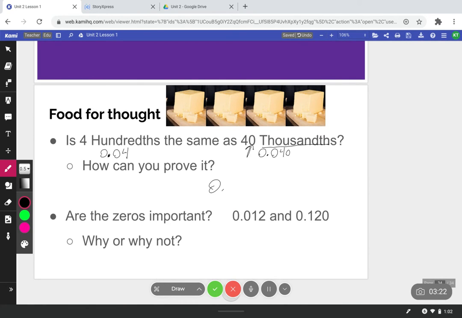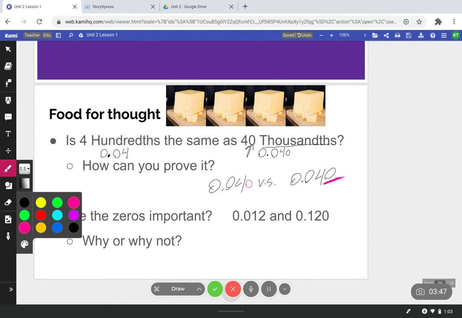So we are comparing this number versus this number. What is different about these two numbers? That 0 right there. Well, fun fact. There is a 0 right here. We just don't reveal it because we're not using it.